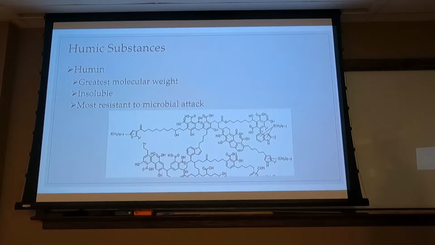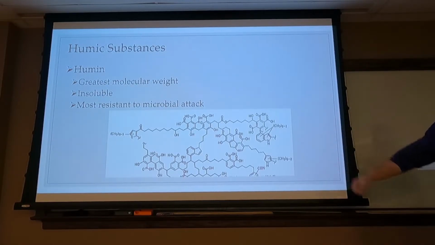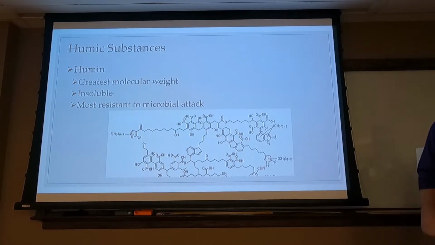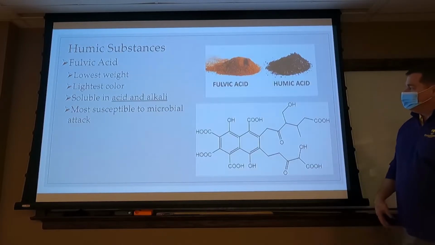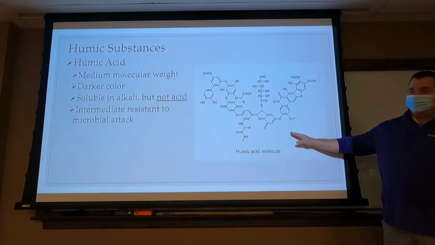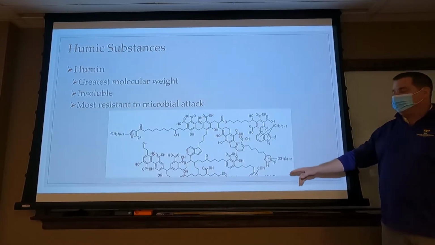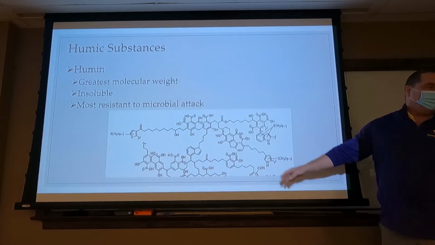And then finally, humin. This is really a guess. Whoever made this is theorizing. Over in organic chemistry, they say, well, it's probably got to be some function of this plus some other stuff, and we think this is kind of what this looks like.